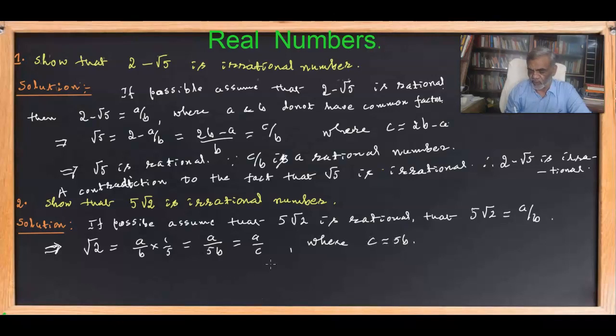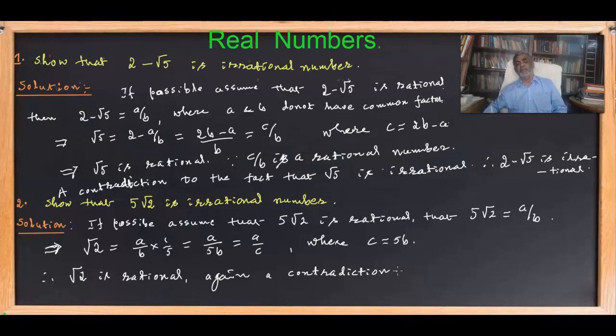Therefore root 2 is rational. Again, a contradiction. Why is it a contradiction? We have already proved that root 2 is an irrational number. Therefore, it is a contradiction. Therefore, 5 root 2 is irrational.